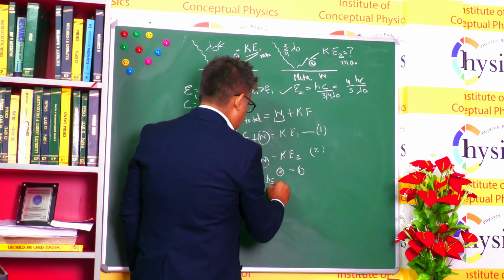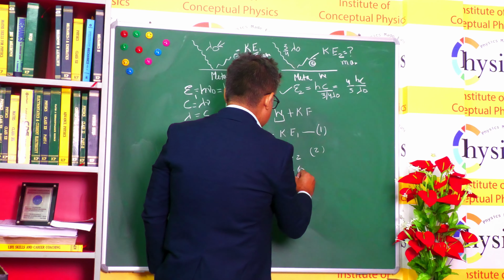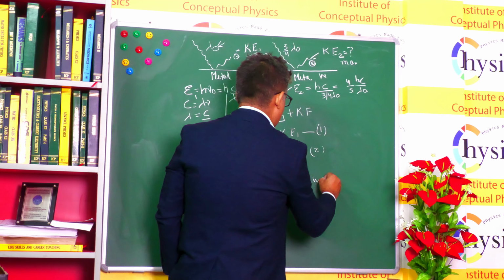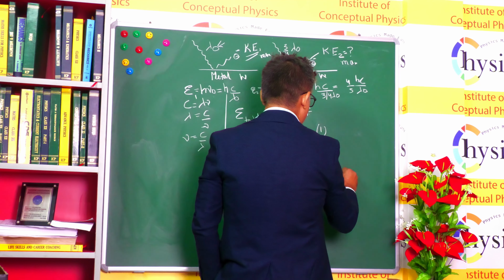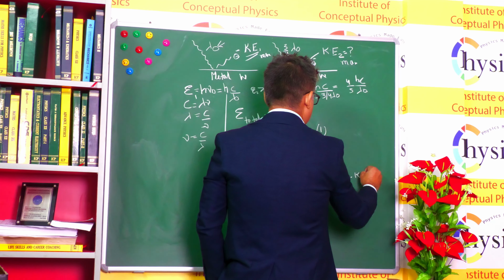So this will become 4/3 hc by lambda naught plus W minus hc by lambda naught plus W on the left hand side, is equal to the kinetic energy of the second minus the kinetic energy of the first.